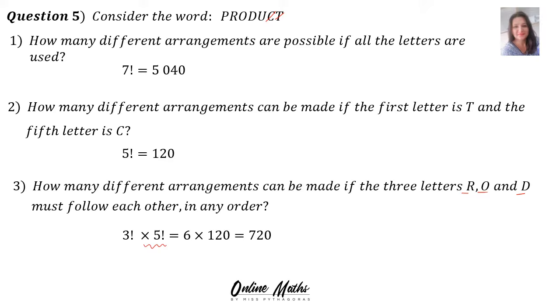Because if you take out R, O and D, there's 1, 2, 3, 4 letters left. But why is there a 5 factorial? Because the group R, O, D also forms part of the arrangement. So the answer here is 3 factorial times 5 factorial, which is 720.